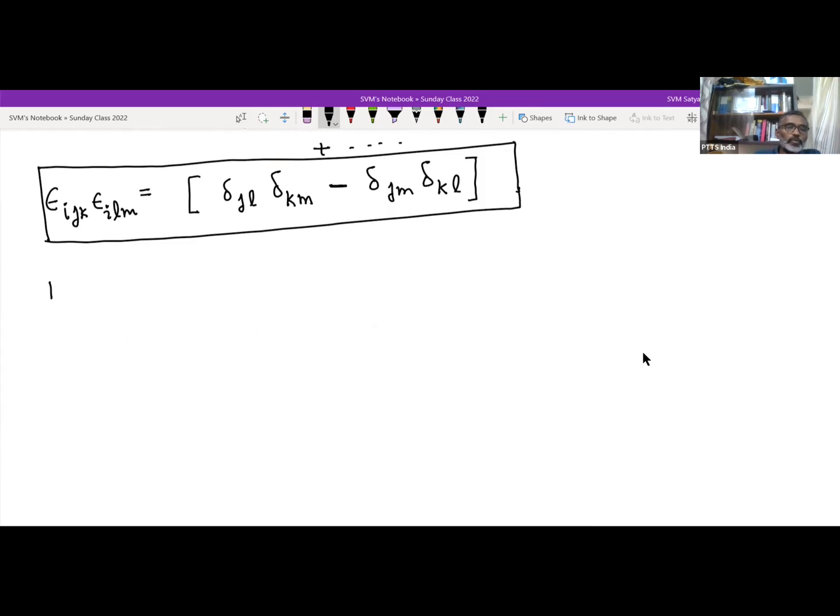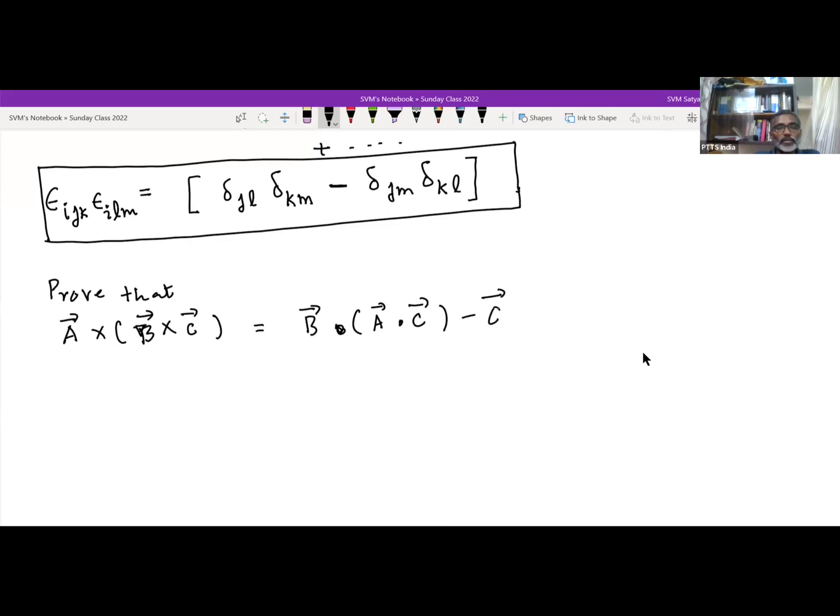So let's say prove that A cross B cross C is equal to B times A dot C minus C times A dot B. So this vector identity, I am sure you have seen this.